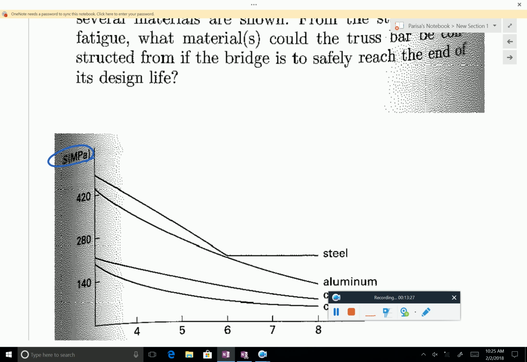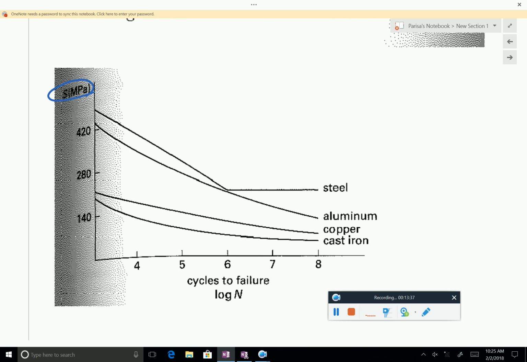It's common that you see the x-axis in logarithm scale, so please don't be confused. If it says 5 and it is in logarithm, that means 5 is 10 to the 5, and 6 is 10 to the 6. That's it.